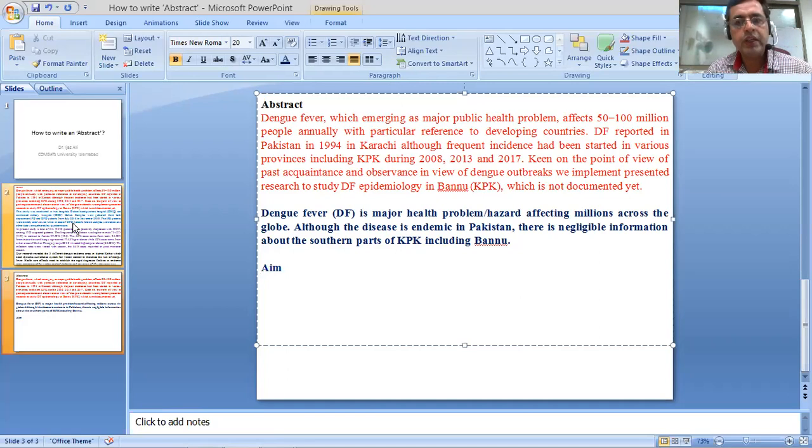And also you can combine your aim with the methods. I will also show you about that one. Okay, you can use types of tenses in order to write your aim. You can write it in the present tense, or you can write it in the past tense, but you have to avoid the future tense here when you are writing the aim of your study.